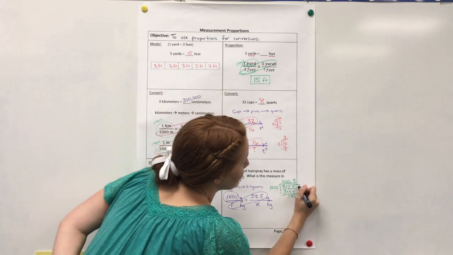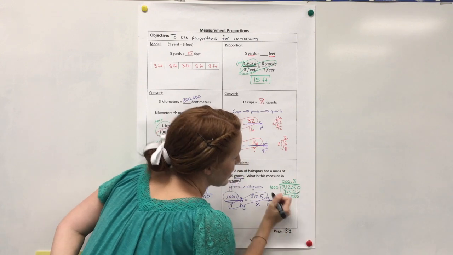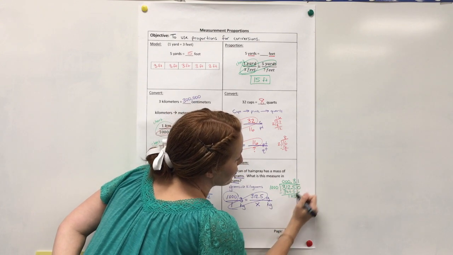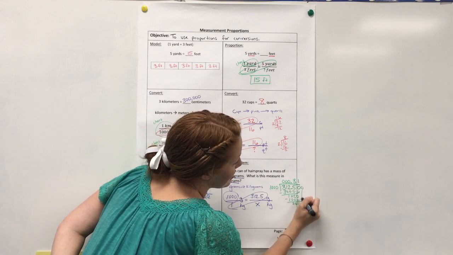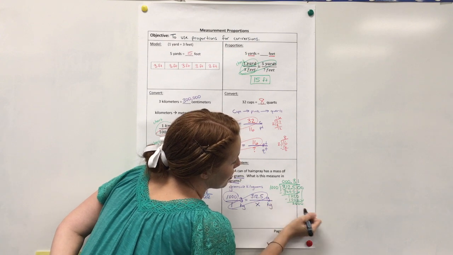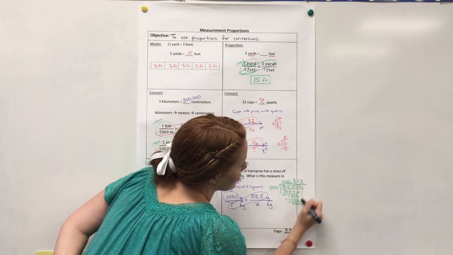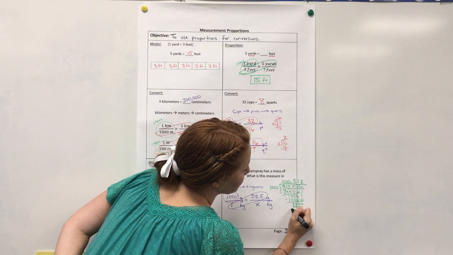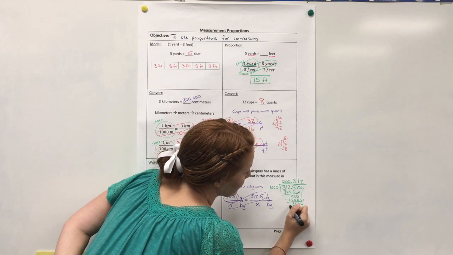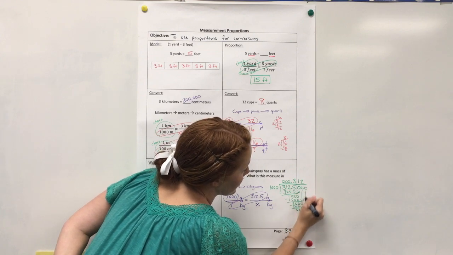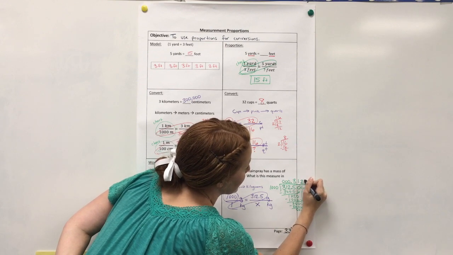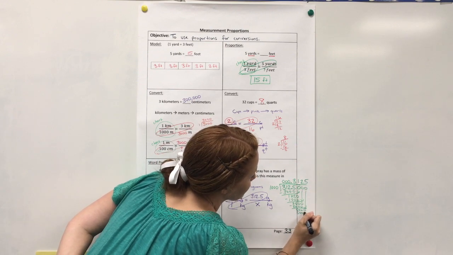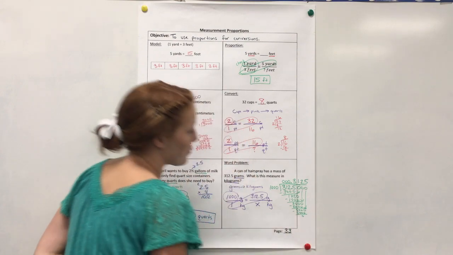I add a 0, bring it down. It goes into that number 1 time, which is 1,000. Add a 0. It goes into 2,500 twice, which is 2,000. And add a 0, bring it down. It goes into that 5,000 5 times. Now I can stop because I have nothing left over.